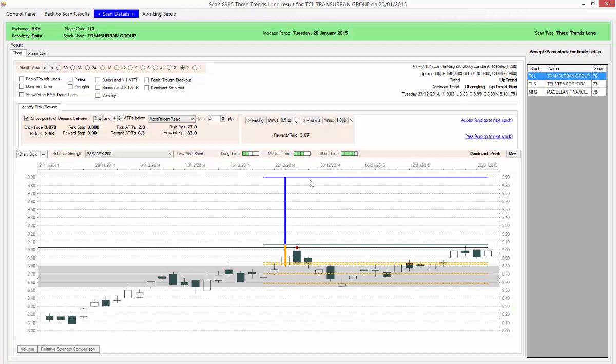Now, as I showed you before, the stock hasn't ever reached this price, so there are no previous long-term peaks or troughs that might act as a point of resistance when this stock hopefully goes higher.